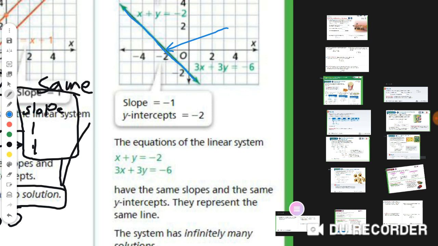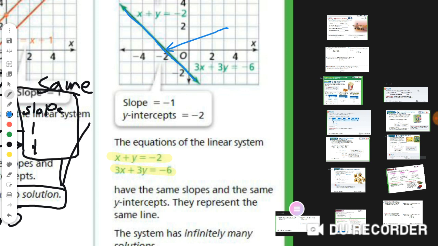So, how to know it? Actually, I can know it. Let's solve the equations first. As you see, the linear equation of each one. First one, x plus y equals -2. Second one, 3x plus 3y equals -6. Actually, I have to put this equation in the form of y equals something multiplied by x plus or minus something. How?